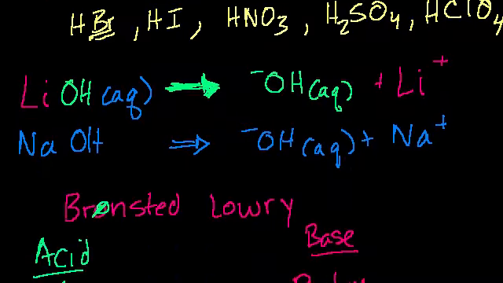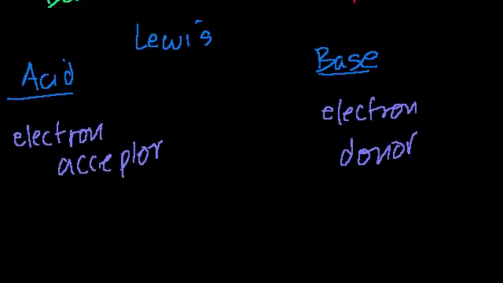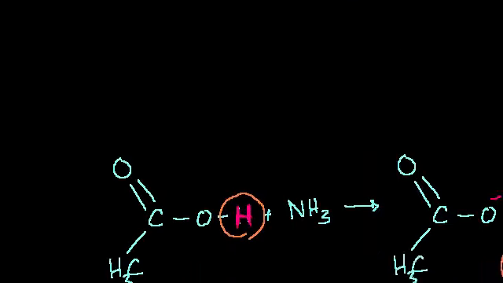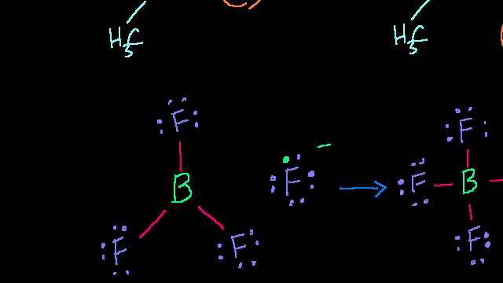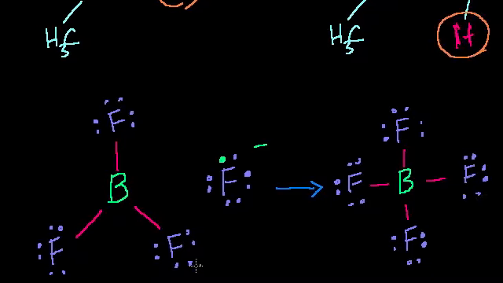But just to show that the Lewis acid-base definition is the broadest definition, here's a case of a Lewis acid-base reaction that would not be considered either a Bronsted-Lowry or an Arrhenius reaction, because this doesn't have to happen in water. What you have here is boron trifluoride with a fluoride anion. It has a negative charge, this little extra electron here.